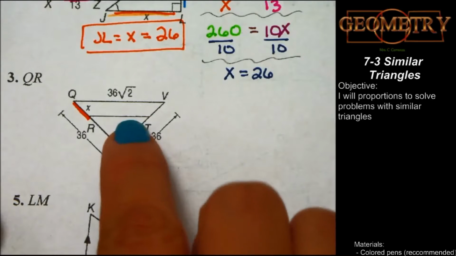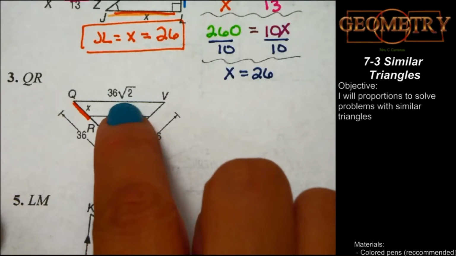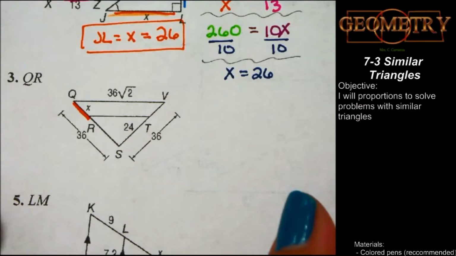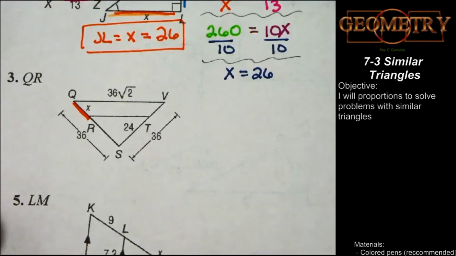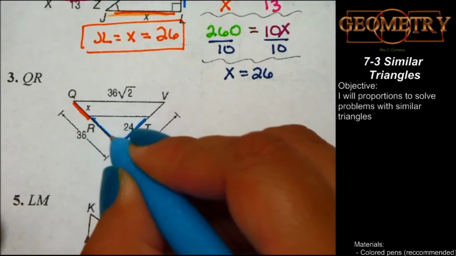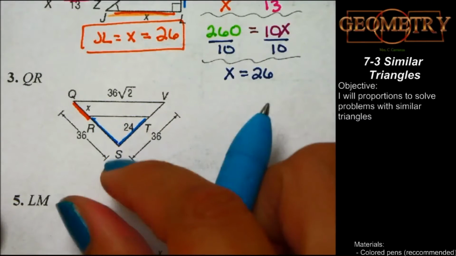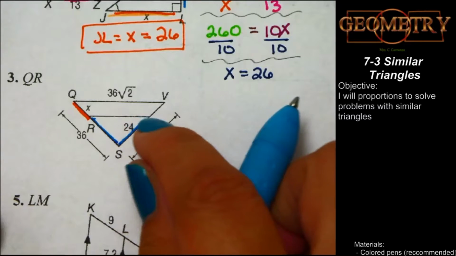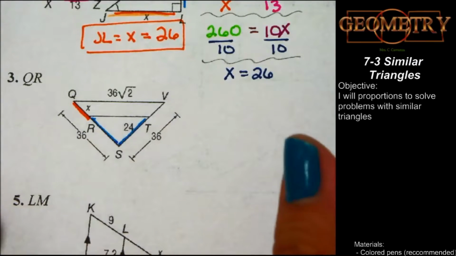Now, I don't know if these two are parallel or not. Assuming that they're parallel, I can see that this side is going to be equal to this side because the entire lengths are the same. And if this is parallel, it's going to hit in the same sort of spots.